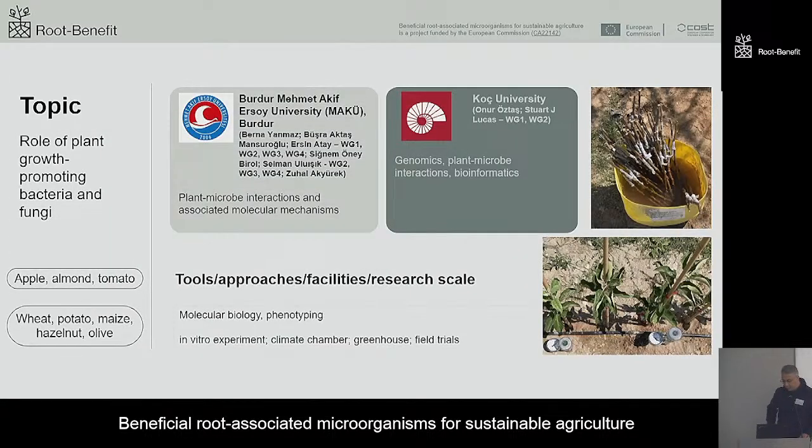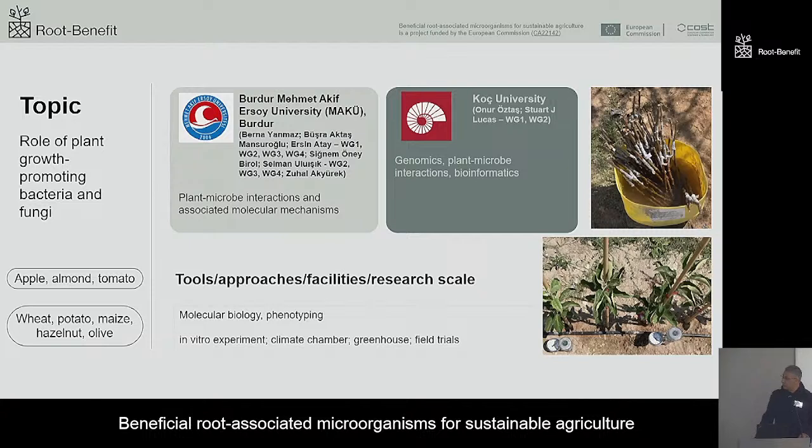I am one of the two members of the Turkish Management Committee in this action. I have been working at Burdur Mehmet Akif Ersoy University in the Mediterranean region of Turkey. We are working more on the effects of plant growth promoting bacteria on plant nutrition.